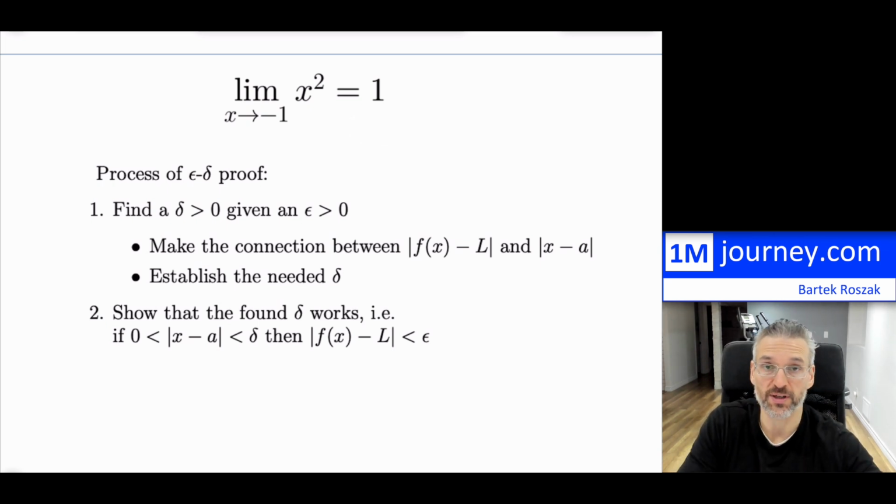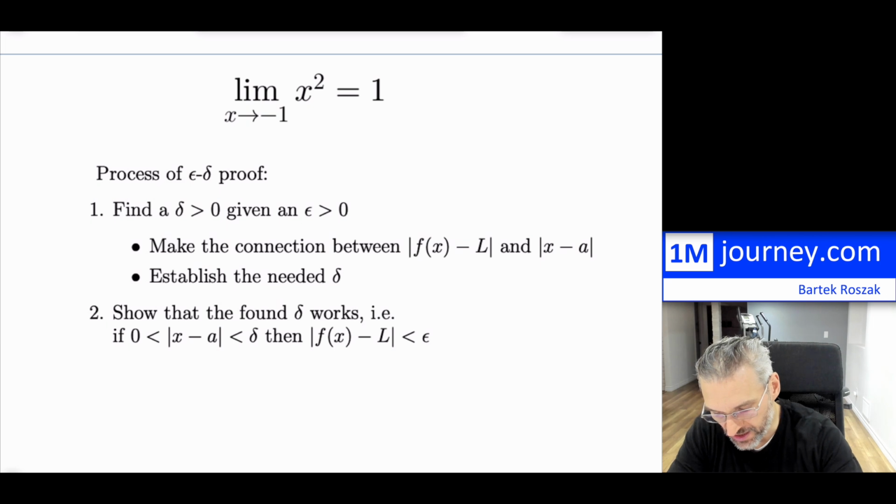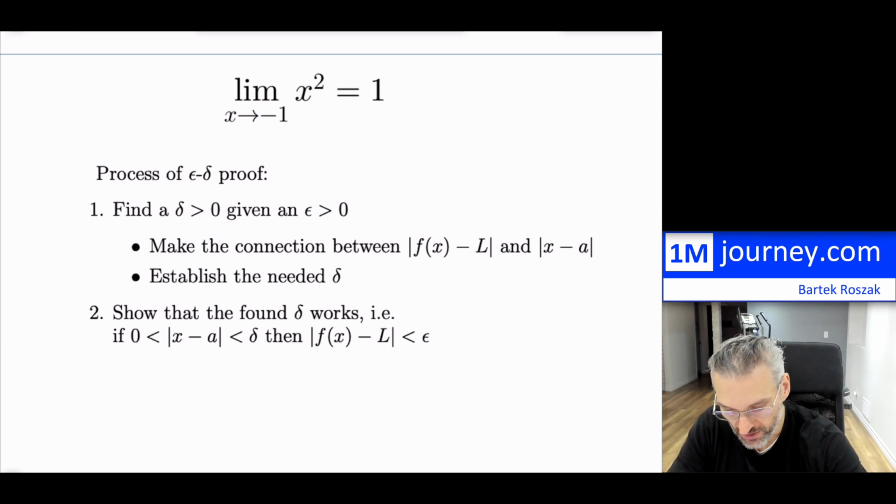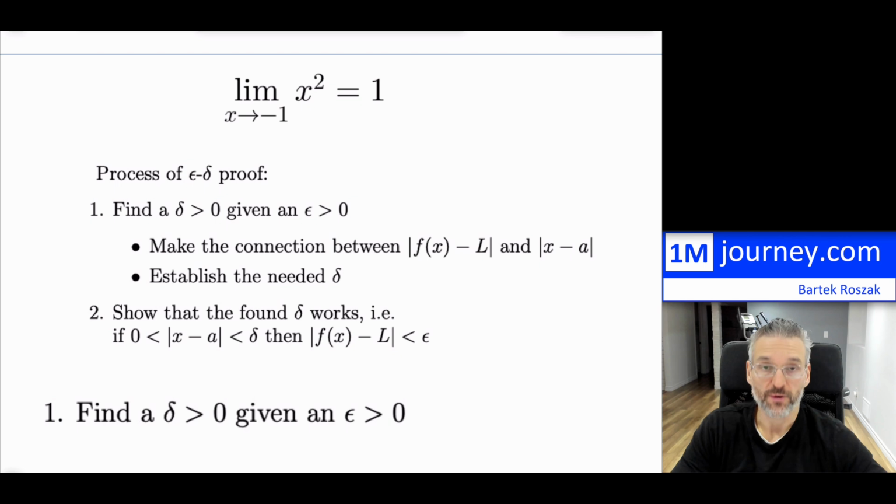Most of the time they'll get frustrated because they'll lose marks because there's no formality in your proof. So you have to actually state what you are doing: you're finding a delta for a given epsilon. I know it's a nuisance to put that in there and it's annoying, but if you want the full proof, then you have to do this. So that's the first step that you would do. All right, so check. Step number one.